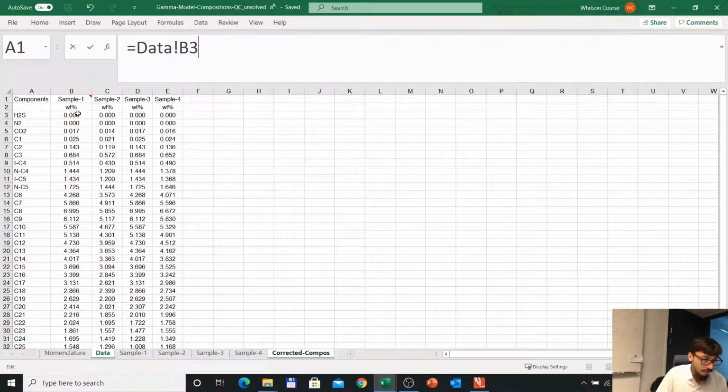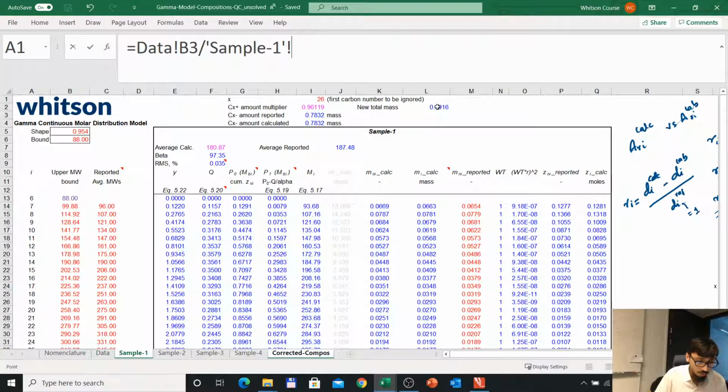When we did the gamma distribution modeling, we did it for the C7 plus fraction, and all the fractions less than C7 are given by the lab, but we know that the total mass might have changed. So if we are calculating the mass fractions, then this should be linked to the new total mass, which should be about the same as 1.